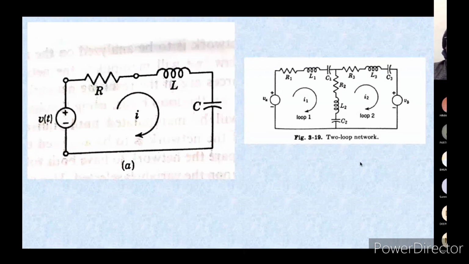So you can have such different kinds of circuits. And not only that, when you go for amplifiers and all that, there are some active components like transistors, FETs, or any other kind of active components over there.